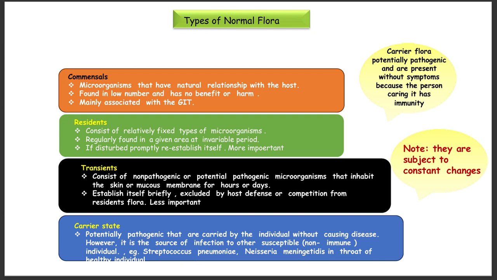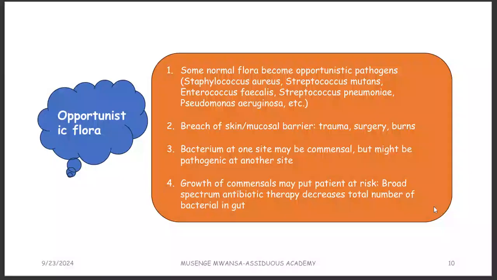But in those who are weak, immunocompromised, they can cause infection. Carrier flora are potentially pathogenic and are present without symptoms because the person carrying them has immunity. This is the same carrier state we have mentioned, and they are subject to constant change.